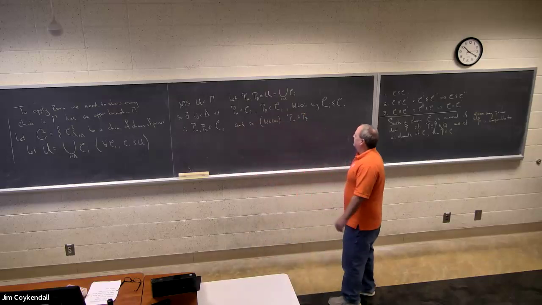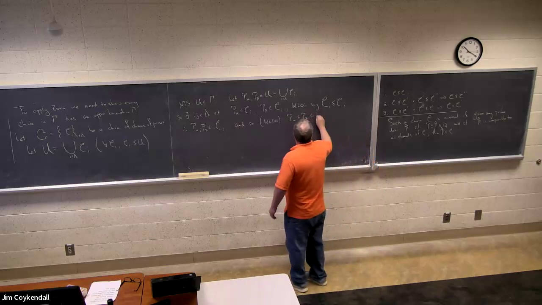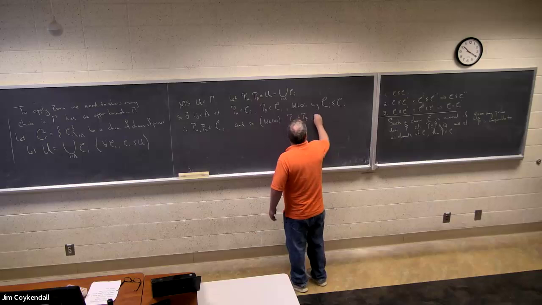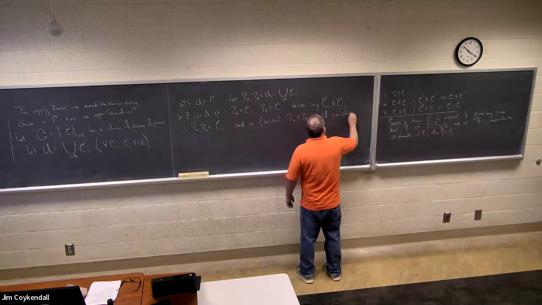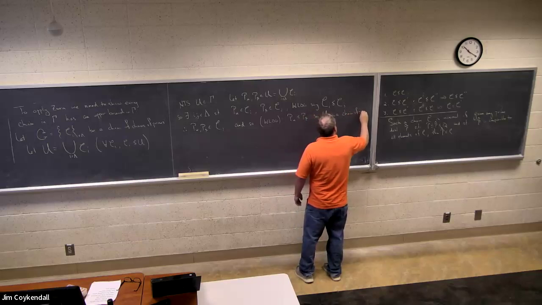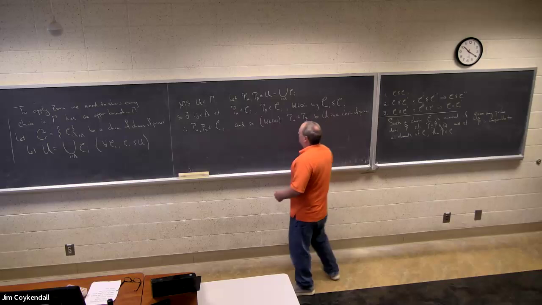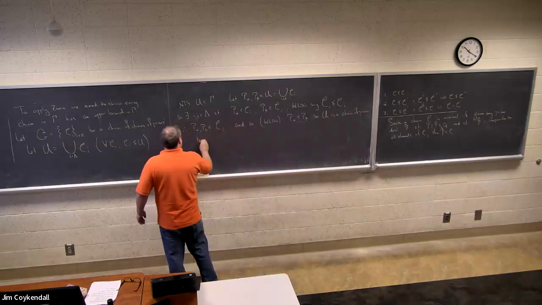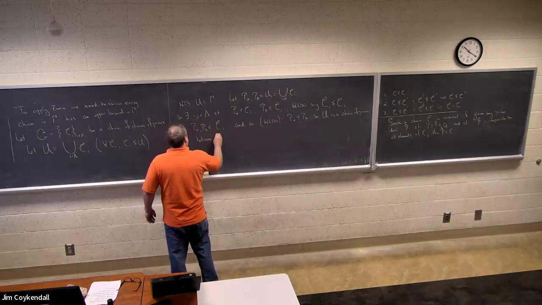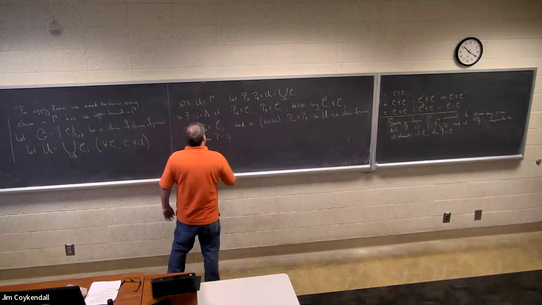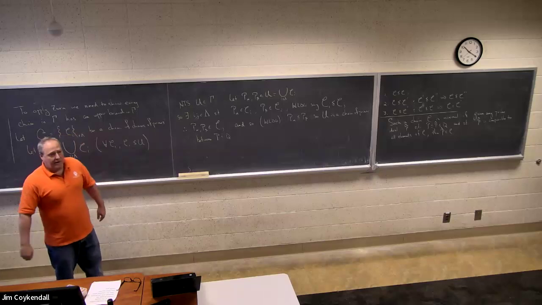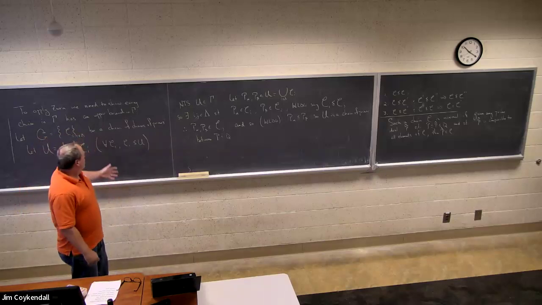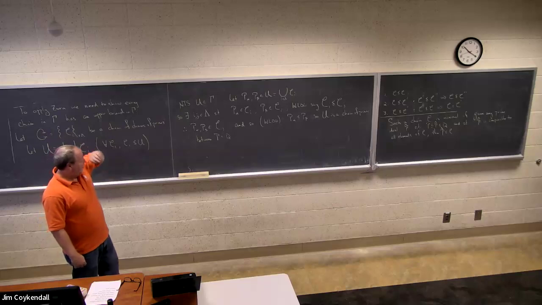And of course, U is a chain of primes between P and Q, because both P alpha and P beta are. Everybody okay with this? So U is actually a big fat chain of primes.